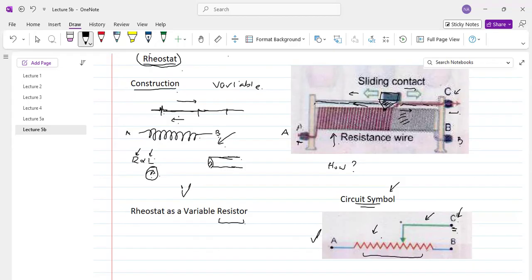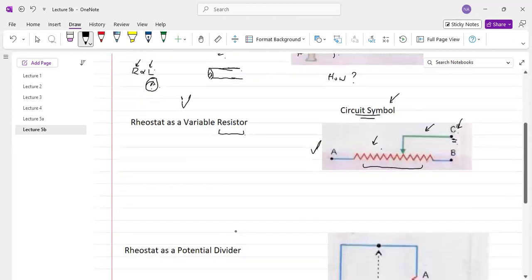Now, if we want to use this rheostat as a variable resistor in a circuit, suppose we have a battery, simple circuit, and we want to connect this variable resistor in this circuit.